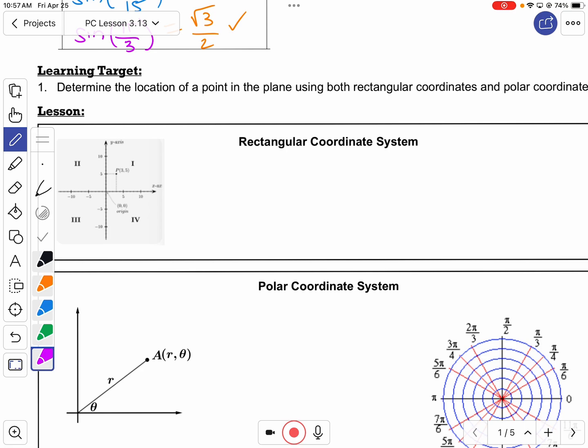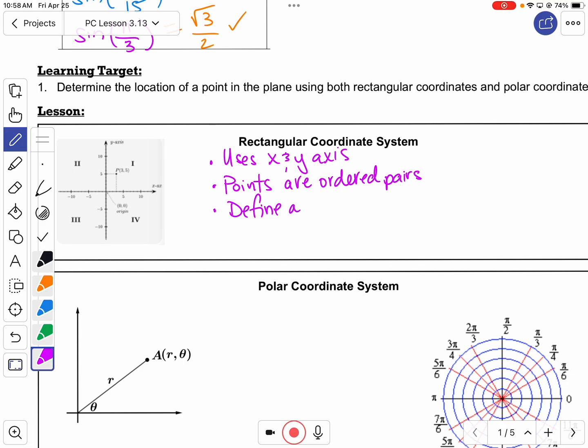Anyway, in the rectangular coordinate system, remember it uses an X and a Y axis. Our points are ordered pairs. To get to our location, we define a point or a space by moving over, so left or right, and then up or down.